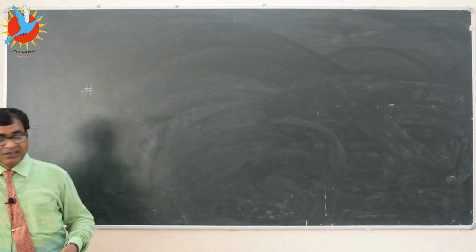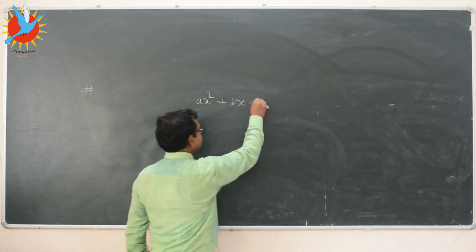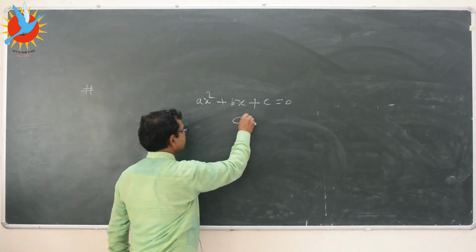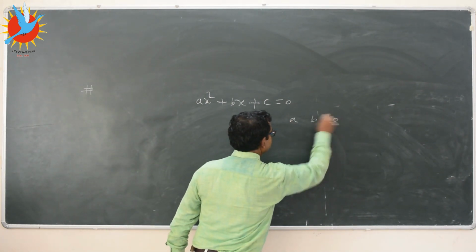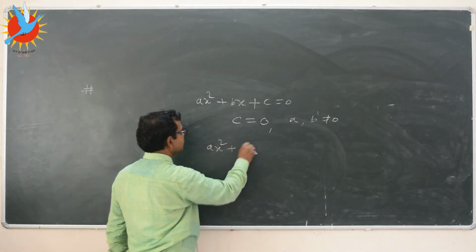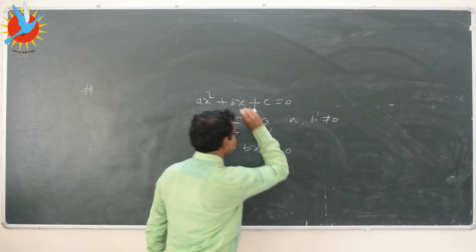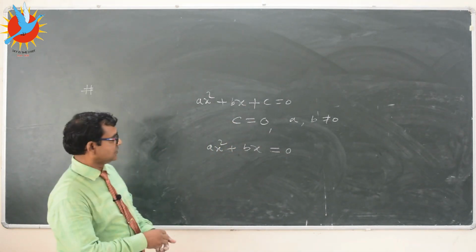For example, in this quadratic equation ax square plus bx plus c equal to 0, if you take c equal to 0 and a, b not equal to 0, then the form of this quadratic equation becomes ax square plus bx equal to 0. This type of equation always gives one solution as 0.